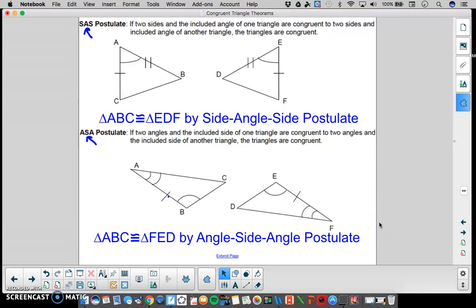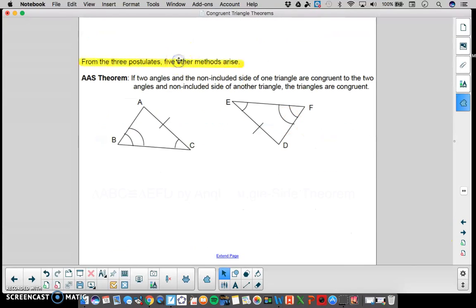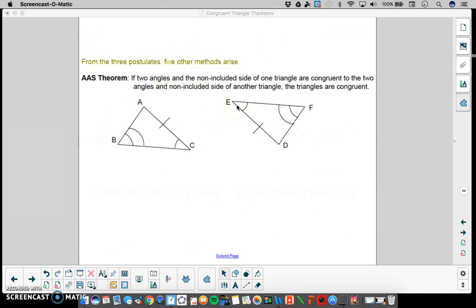Now those first 3 postulates actually allow us to prove 5 other theorems. The first theorem that those postulates allow us to prove is called angle-angle-side. Notice that the side is no longer included between the two angles like it was in ASA.